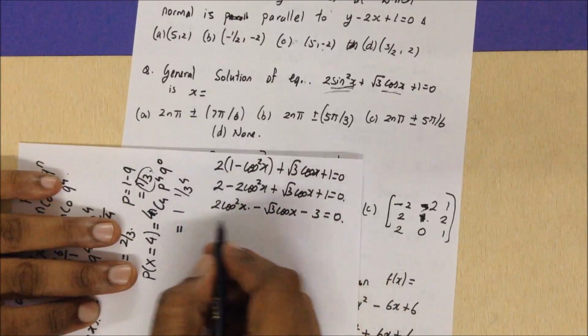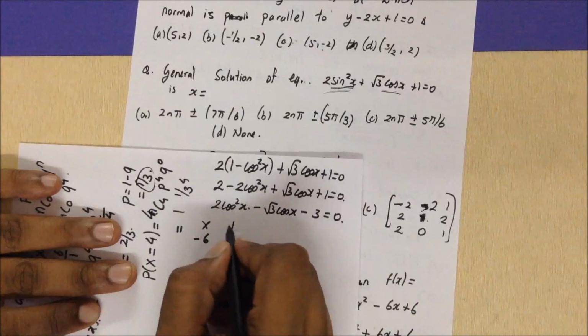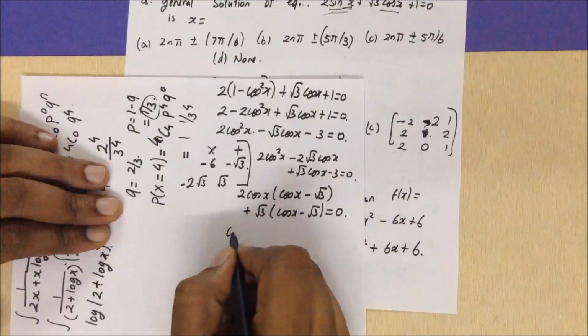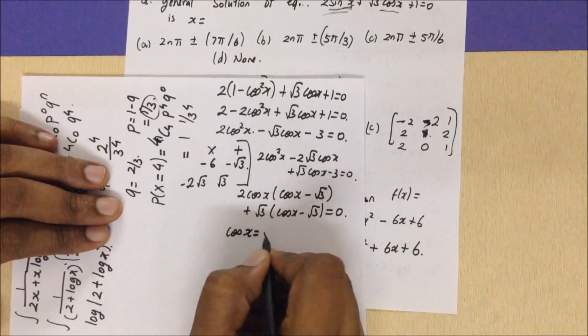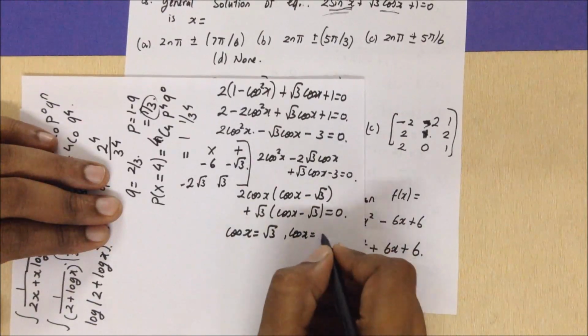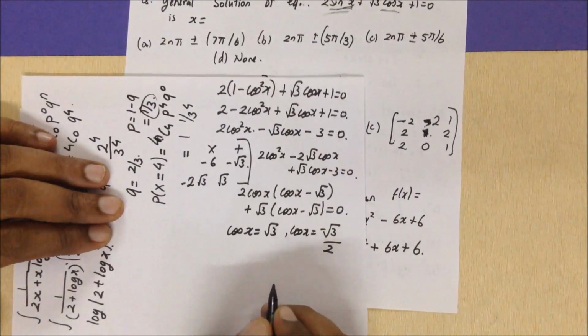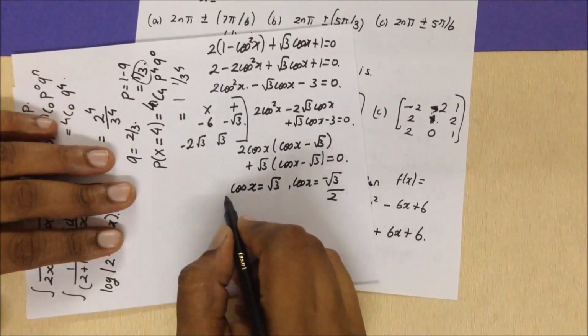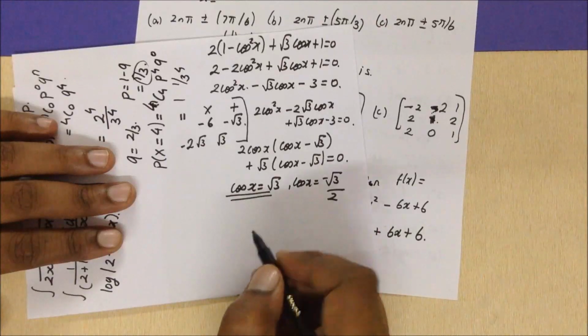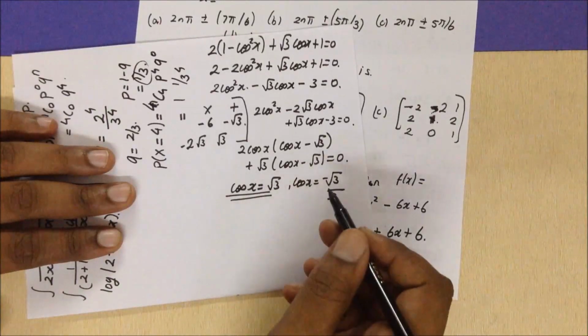So what you have is you require that the product is to be minus 6 and the addition is to be minus root 3. So I'll be getting the value as cos x equals root 3 and cos x equals minus root 3 by 2. Now from this I cannot take my cos x equals root 3 because root 3 value is going to be greater than 1.